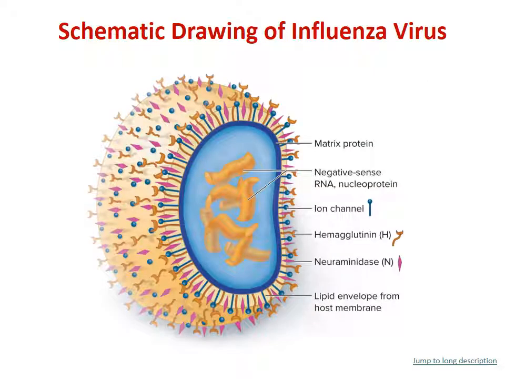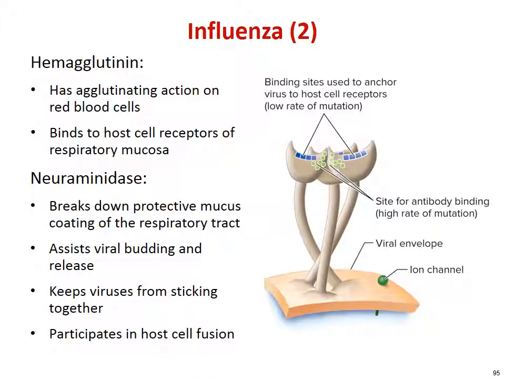We often name flus based off of 2 features, the H, which is hemagglutinin, and the N, which is neuraminidase. These 2 features are necessary in allowing for invasion of mucous membranes and thus the establishment of the viral infection. H, or hemagglutinin, allows for agglutinating action on red blood cells, which causes significant disruption.